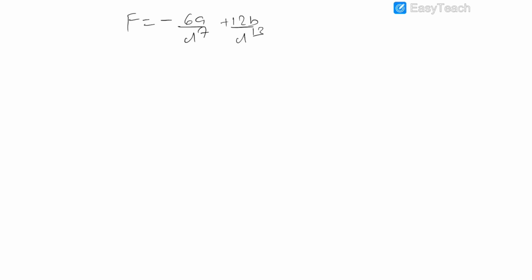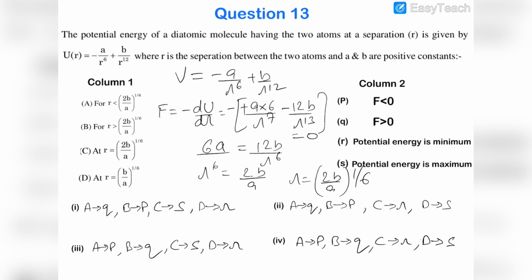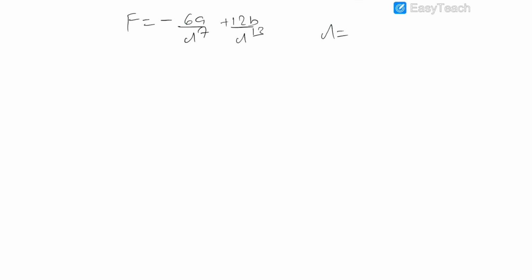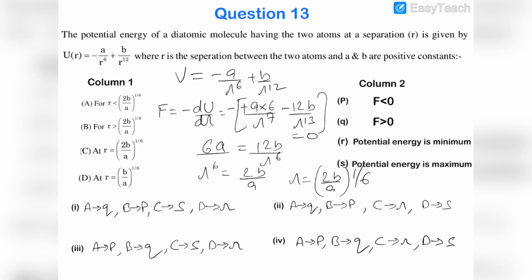This is f. Okay, so we can substitute the value of r, which is (2b by a) to the power 1 by 6. Now we are substituting the value of (b by a) to the power 1 by 6 in this equation.